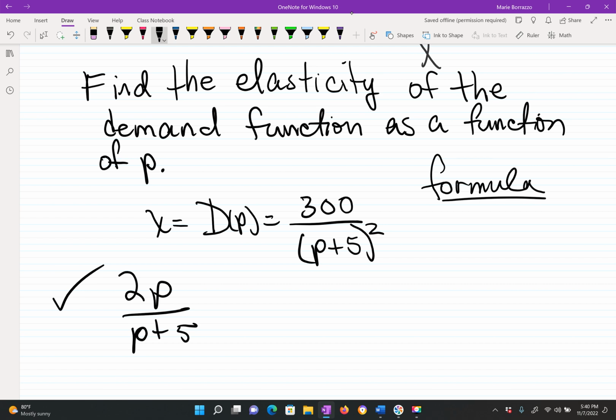Negative p times the derivative of p over f of p. So the derivative of p, multiplied by the derivative. No, I'm not following you.